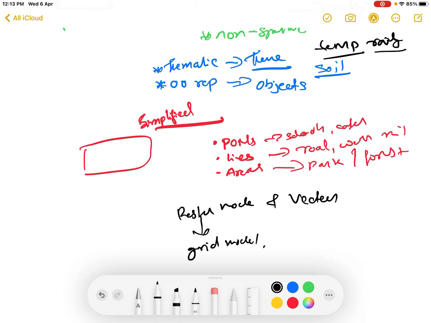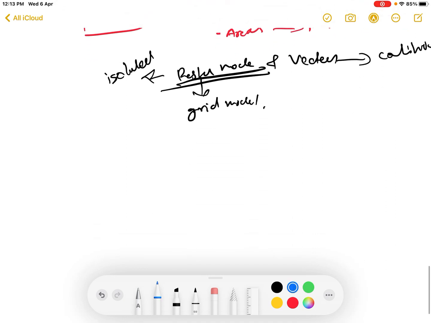Okay, we'll talk about this raster and vector model in detail in the upcoming videos. But you see, we actually use the raster model to represent isolated things, while we use the vector model for representing continuous things.